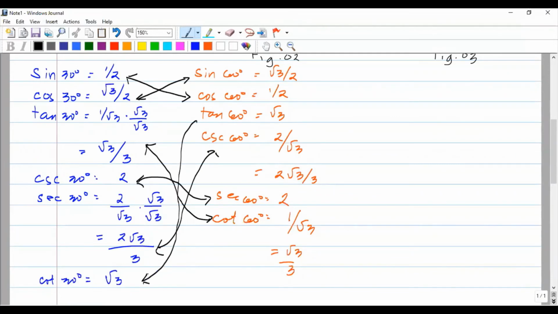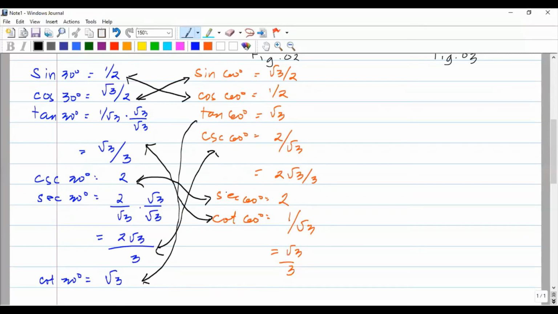So again, sine 30 degrees is equal to cosine 60 degrees. Cosine 30 degrees is the same as sine 60 degrees. Tangent 30 degrees is equal to cotangent 60 degrees. Cosecant 30 degrees is equal to secant 60 degrees. Secant 30 degrees is equal to cosecant 60 degrees, and cotangent 30 degrees is equal to tangent 60 degrees.